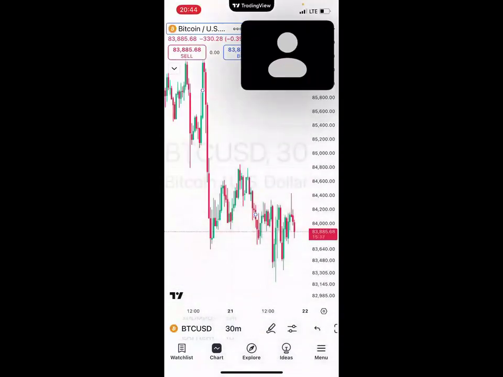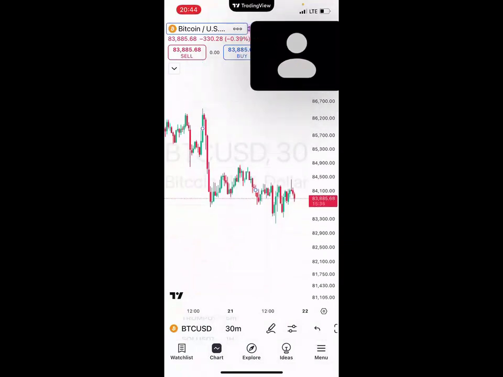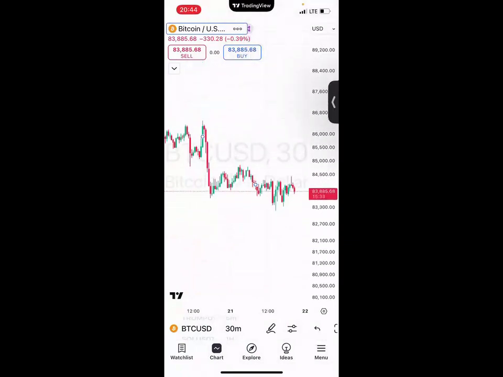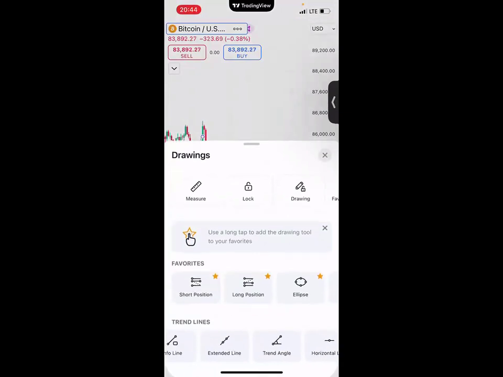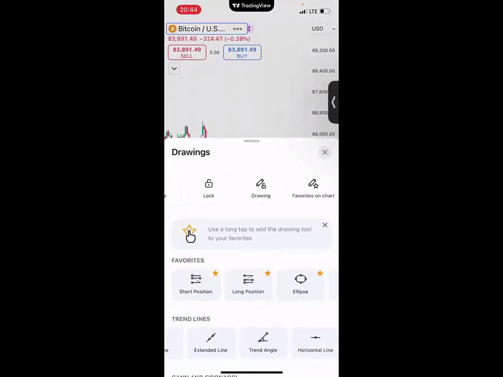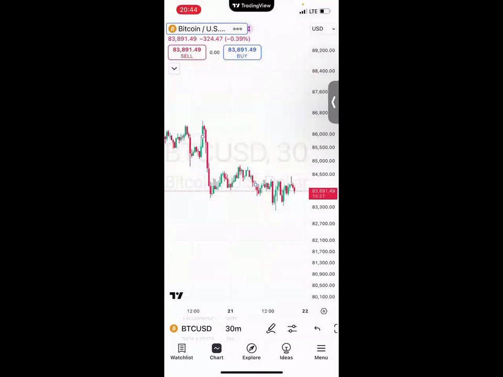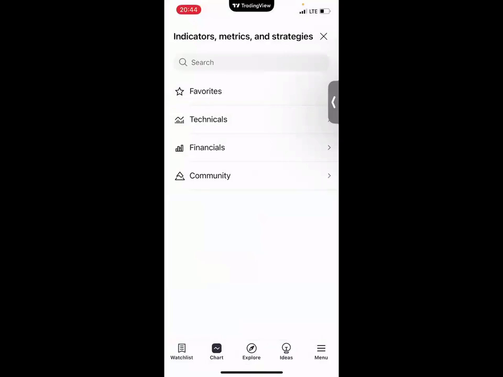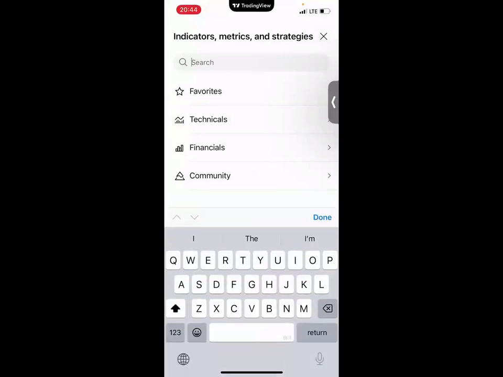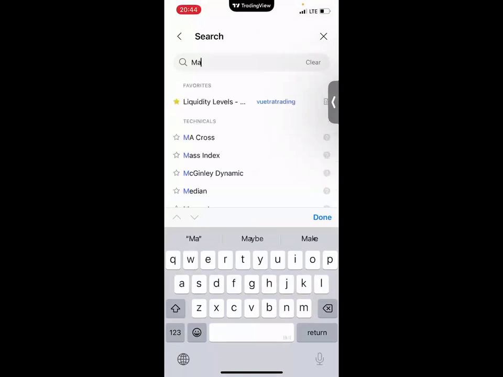All right, here is Binance, and then we'll add indicators, and then we go here. Those are drawings, and then we'll pick indicators, and then we write our MACD.